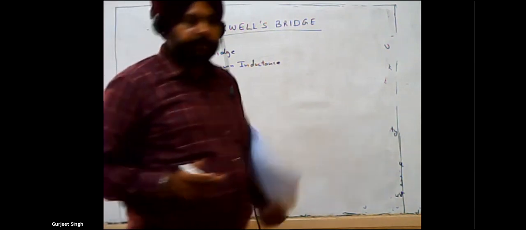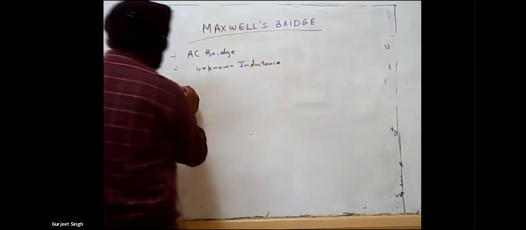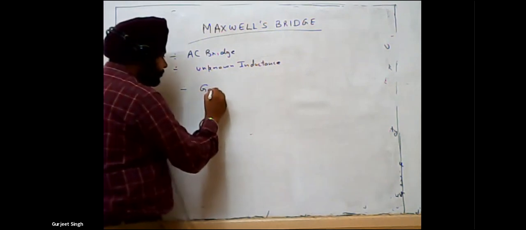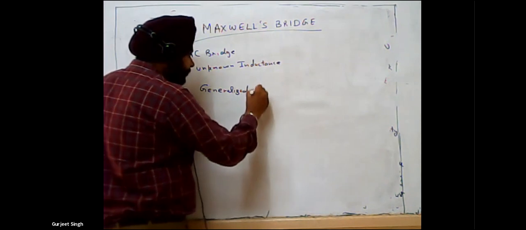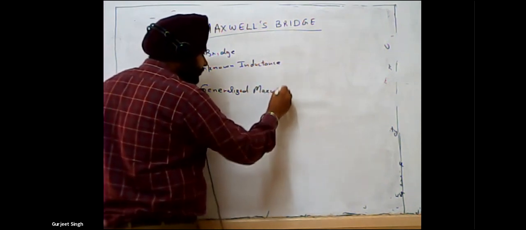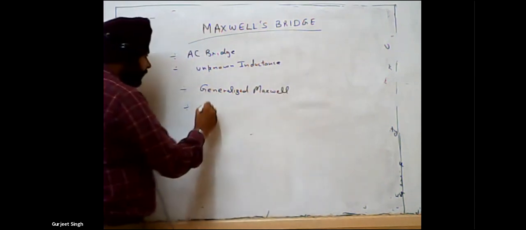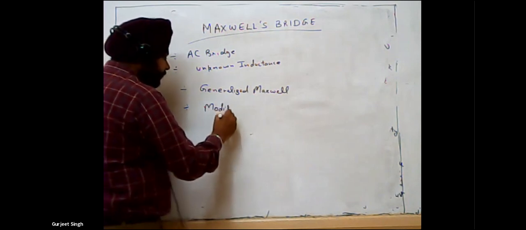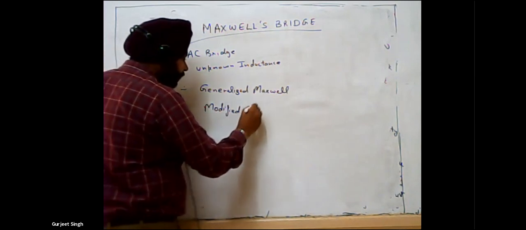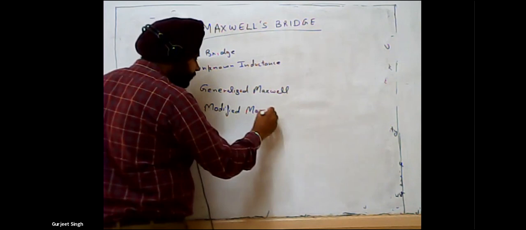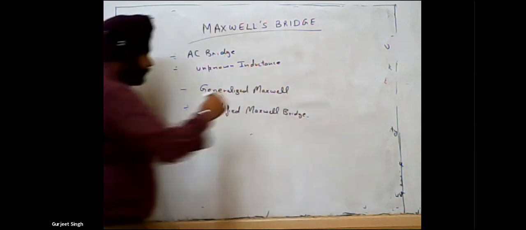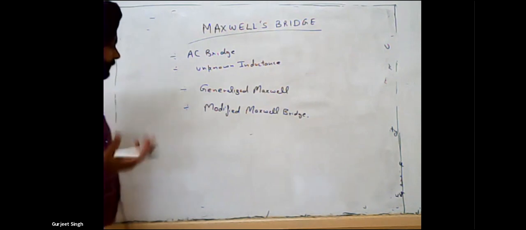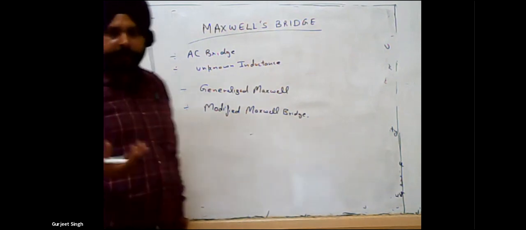So the Maxwell bridge is of two types. First, we have the generalized Maxwell bridge. Second, we have the modified Maxwell bridge.